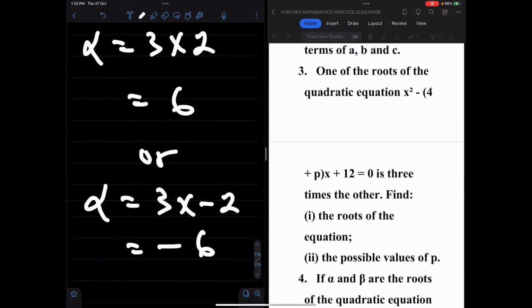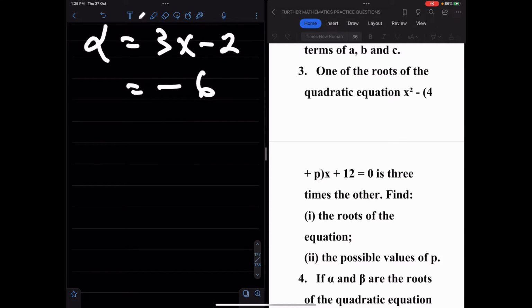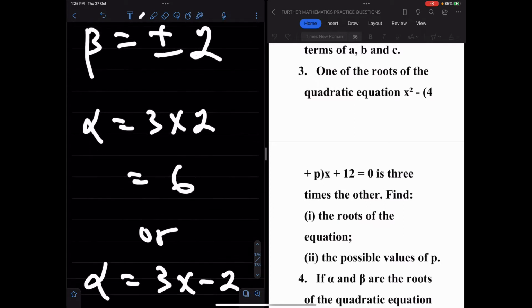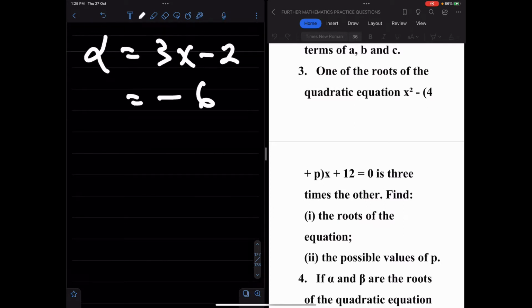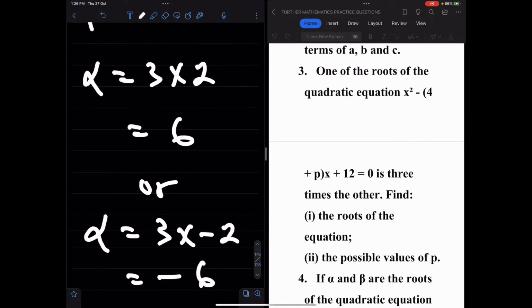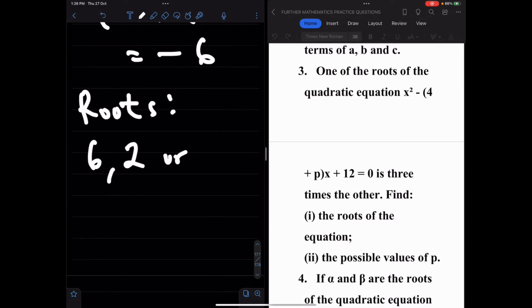That means when alpha is 6, beta is 2, or when alpha is minus 6, beta is minus 2. Those are the roots of the equation. The roots of the equation are 6 and 2, or minus 6 and minus 2.